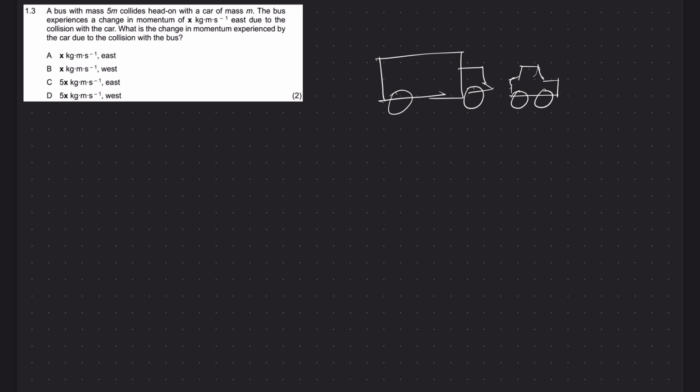Okay, here's our car. And let's assume they collided, right? Now the bus experiences a change in momentum x to the east, right? And we know that total linear momentum in an isolated system is conserved. So if the bus was x to the east, it means that the car must be x to the west because they would cancel. Or the overall would be 0. So the answer here is going to be B.